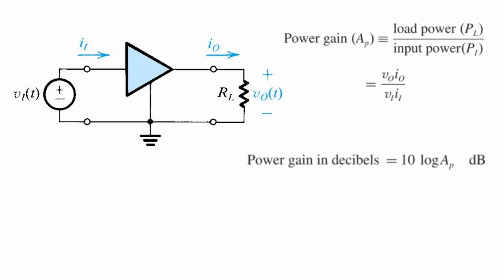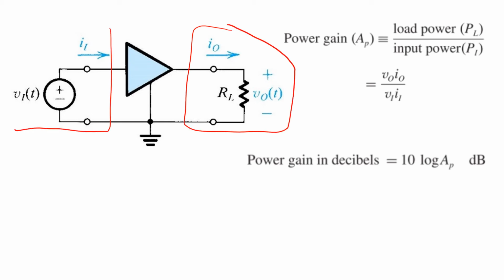We may also be interested in the power gain of an amplifier. That is the ratio of the power delivered to the load to the power delivered from the source. The power delivered to the load, PL, is the product of the output voltage VO and IO. The input power PI is the product of the input voltage VI and input current II.